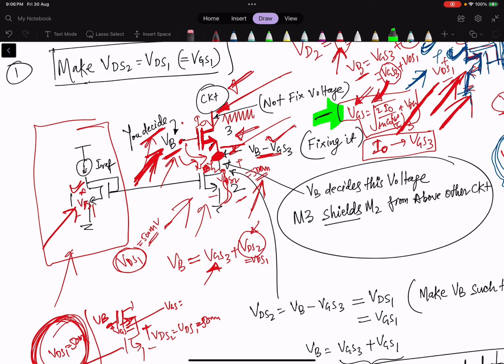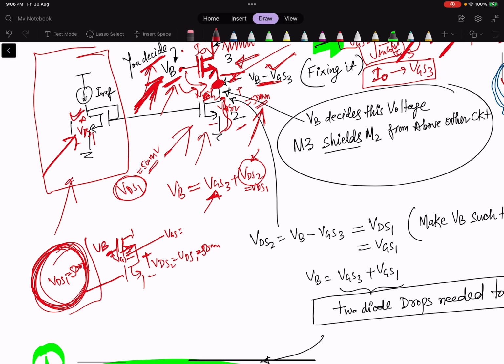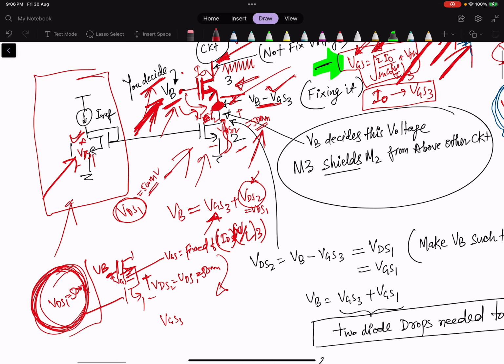So by this method we will know that we have a VGS value also fixed, a function of I naught and W by L of 3. If you want I can write it again from the equation: VGS3 is equal to the square root of 2 I naught over mu n Cox W by L3, plus VTH, or whatever the equation will be.